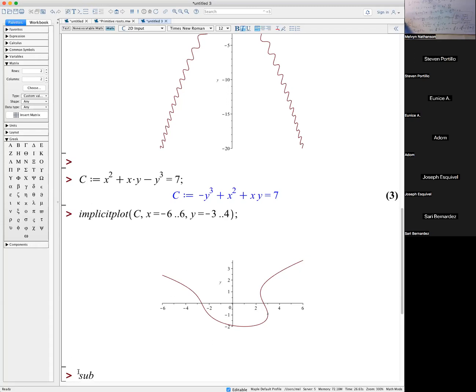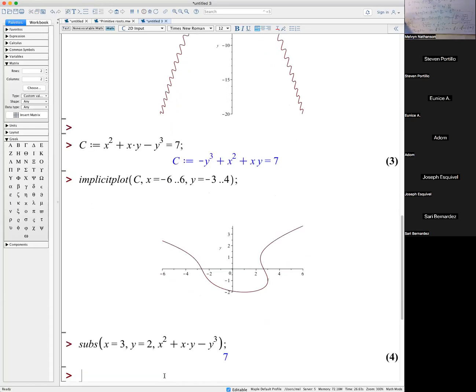Suppose I substitute x equals 3, y equals 2 into this expression. I get 7. So when I put x equals 3 and y equals 2 into this expression, I do get 7. So the point 3, 2, right about there, does lie on the curve.